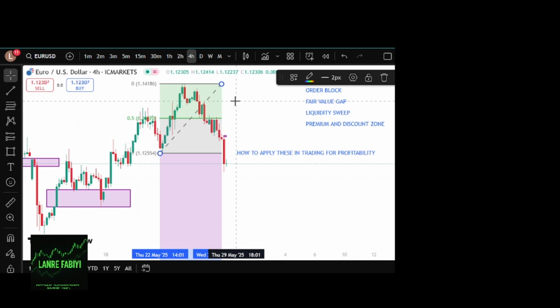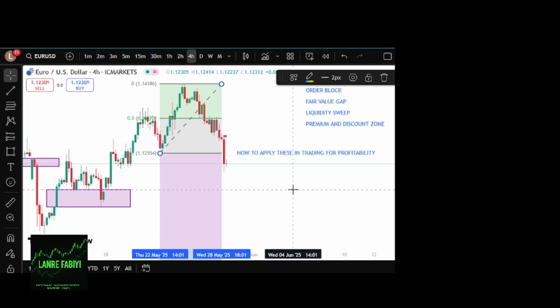So how do we apply all this that we have learned? How do you combine them to trade? When you want to combine all of this to trade, first of all, you must identify all this in your higher time frame.